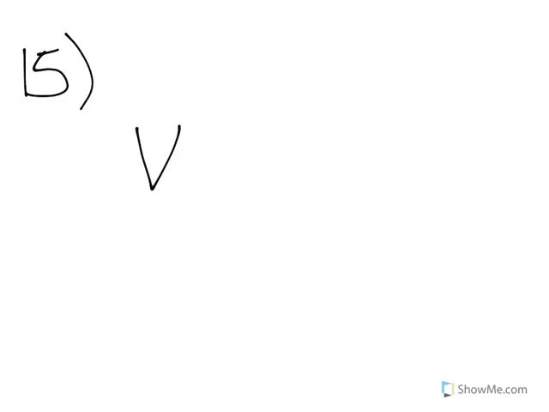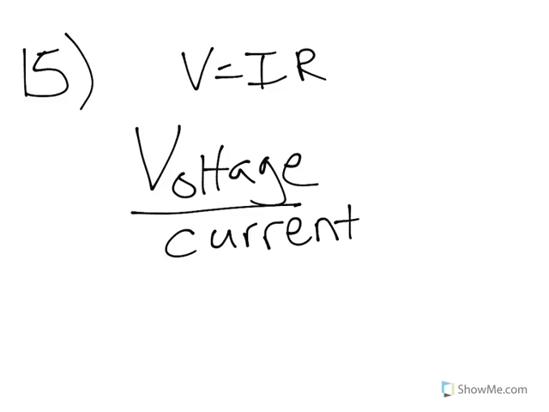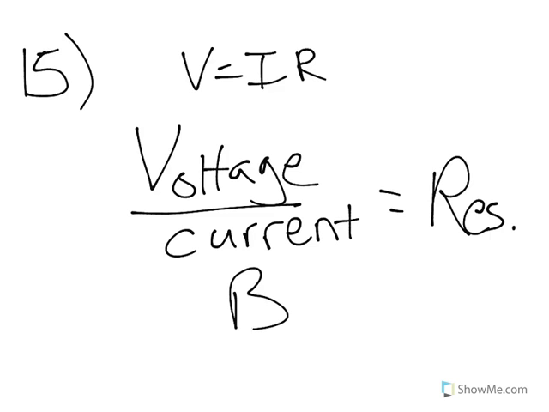So the ratio of potential difference to the current is voltage over current. What does that equal? If you'll remember, V is equal to IR, so voltage over current would be equal to the resistance. And so the answer should be B, resistance.